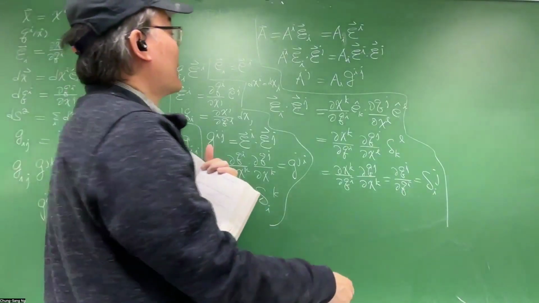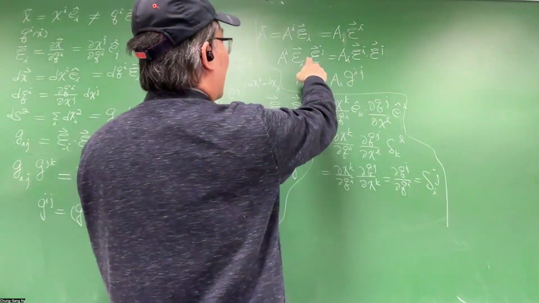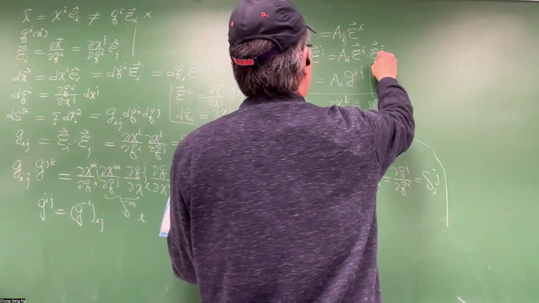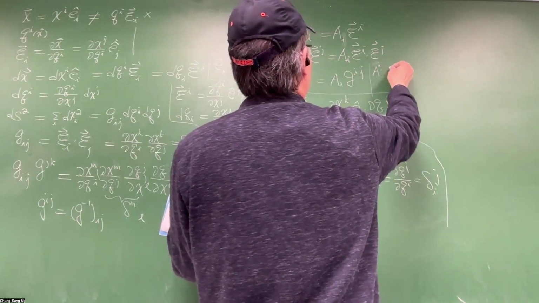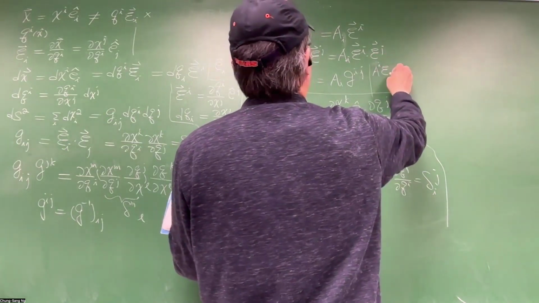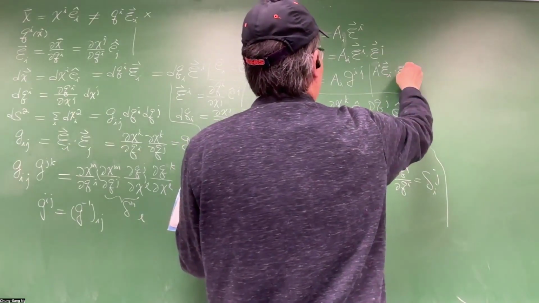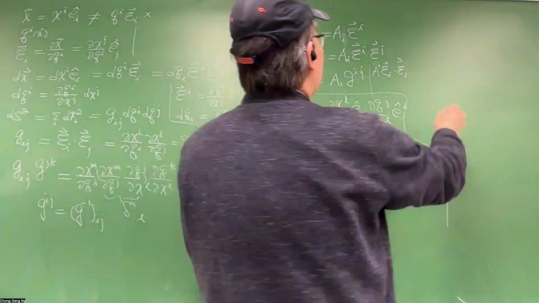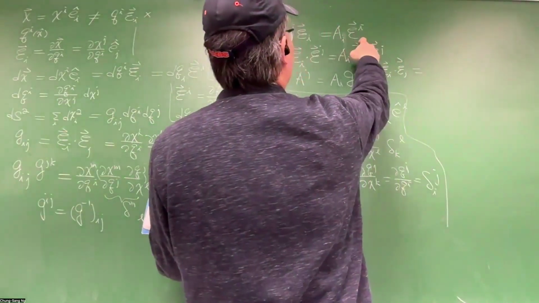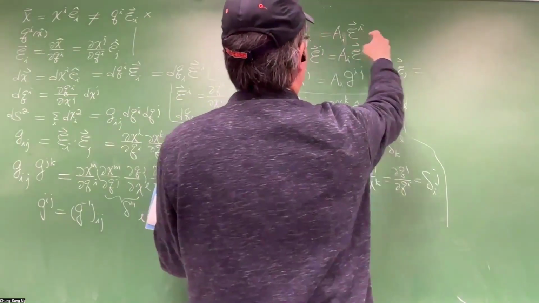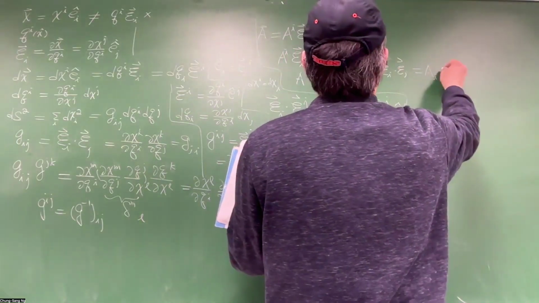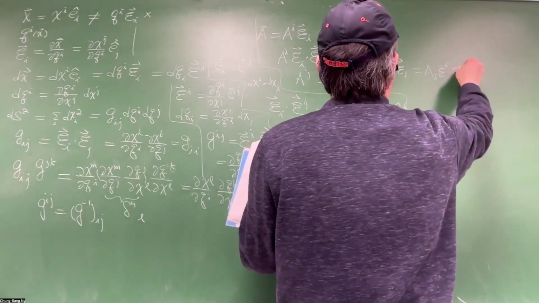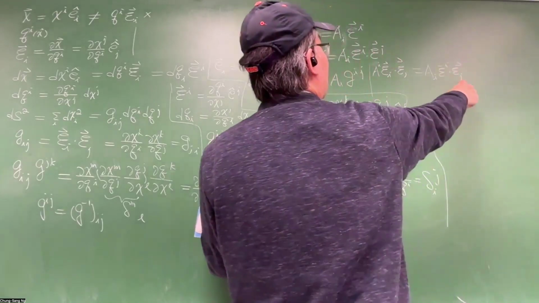If you do it the other way around, instead of dot into, again, do exactly the same, dot into A^i epsilon_j. Here you have A^i, subscript i dot into subscript j, and this is a Kronecker delta.